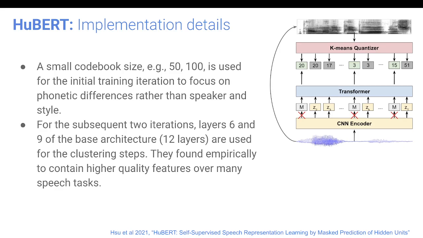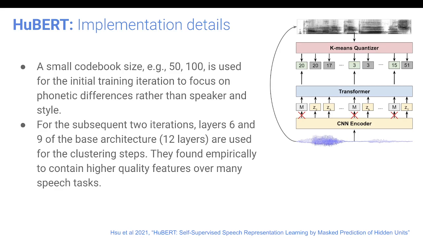What was found to work consistently well for multiple datasets is to use, in the first iteration, the layer 6 representation, just in the middle of the network, and then take layer 9, the upper quarter of the network, to run the k-means algorithm. Empirically, these were the best performing layers across many different speech tasks and datasets.